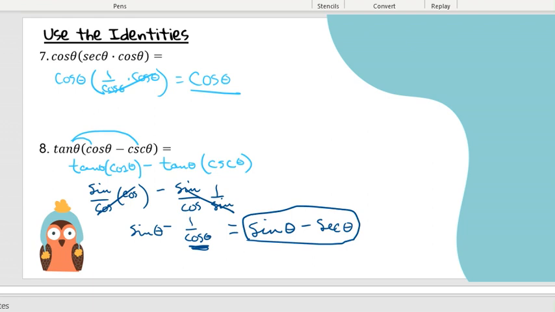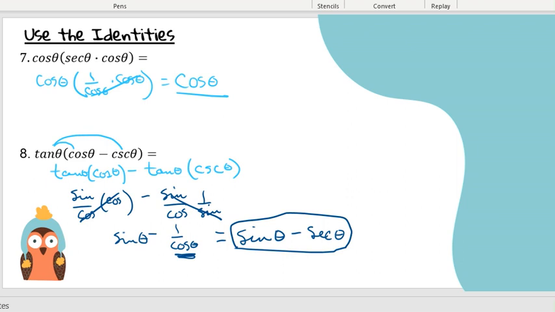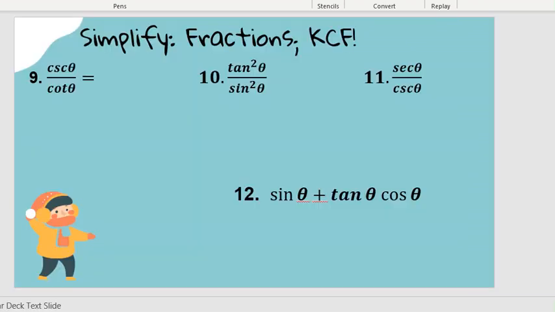All right. One more page and I'm going to take a break before I show you the next ones. When they're stacked up like this, these are divisions and we keep, change, flip. That's what KCF is. So cosecant theta divided by cotangent theta is going to be 1 over sine theta divided by cosine over sine theta.